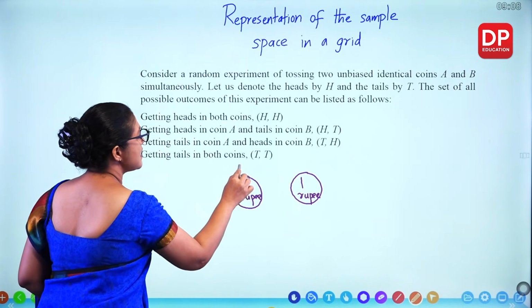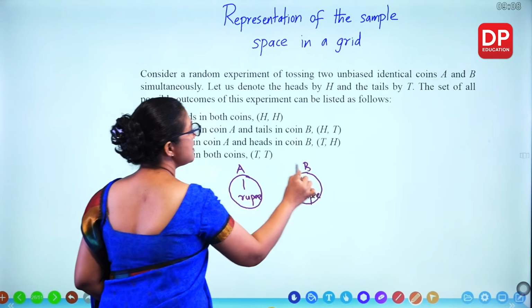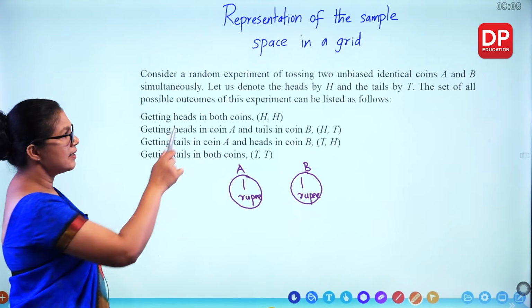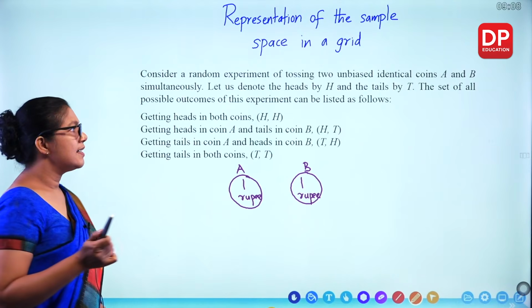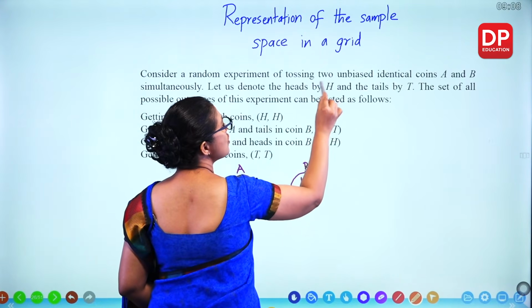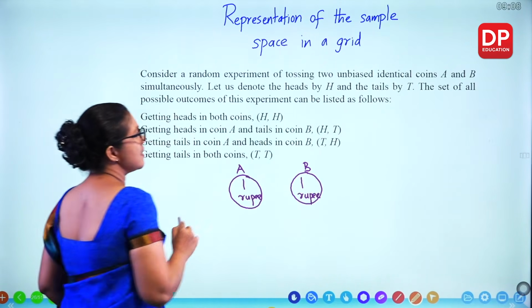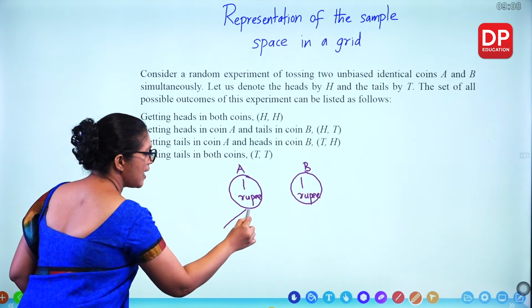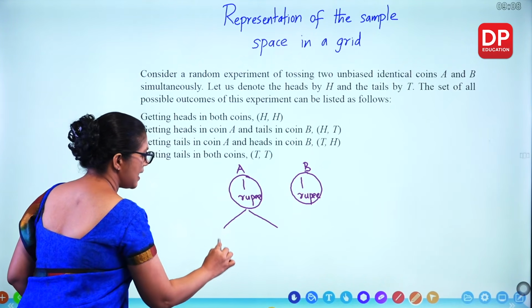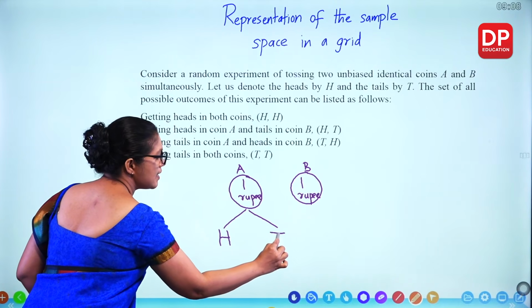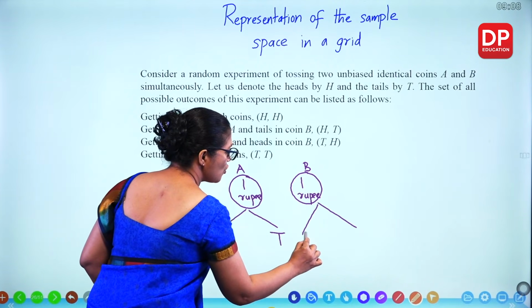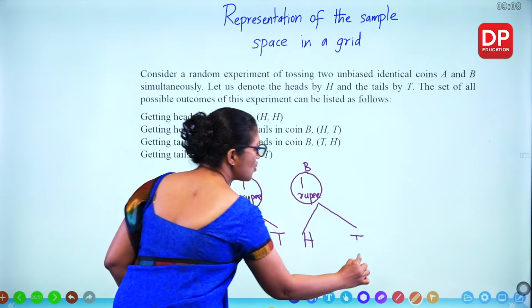I'll label this as A, label this as B. And getting head as H, getting tail as T. Now when you toss 1 rupee coin, you can get two possibilities, H and T. Again, this coin also I can get two possibilities, H and T.